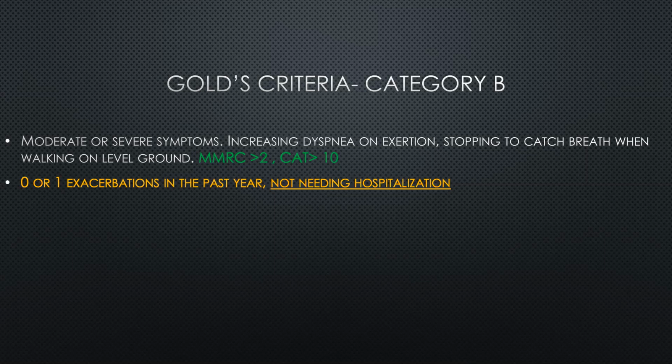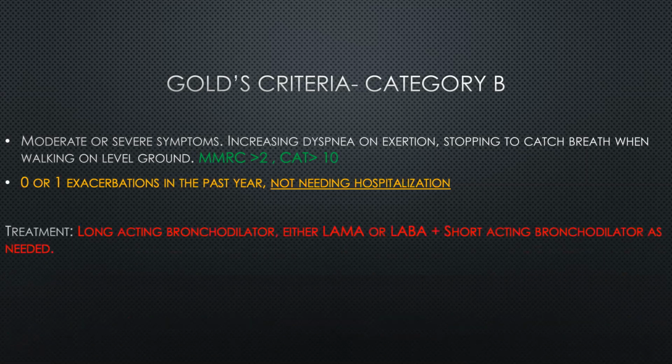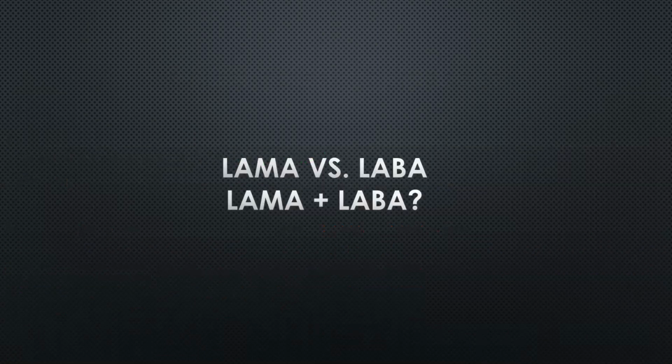LABA-LAMA together. So they recommend any long-acting bronchodilator, either a LAMA or LABA, and a short-acting as needed. You can add them together if their symptoms are persisting or not really getting better. So my question is, would you start with the LAMA alone, or would you do the dual therapy right away? Okay.